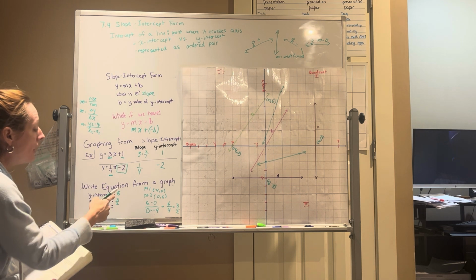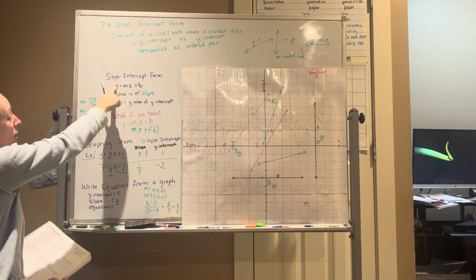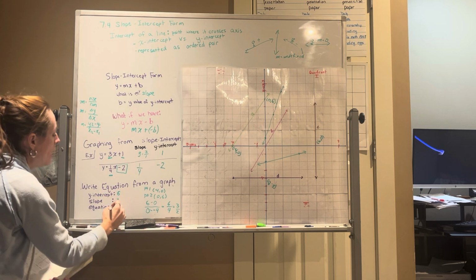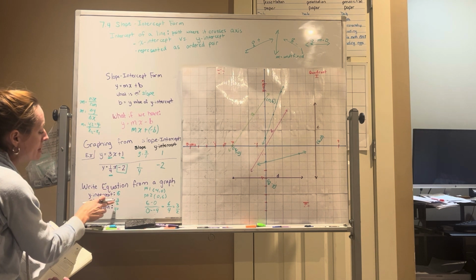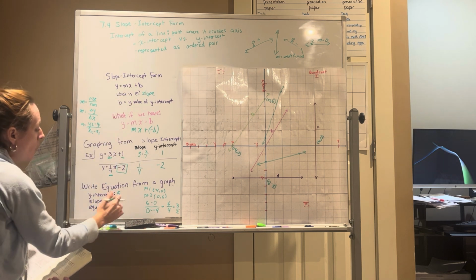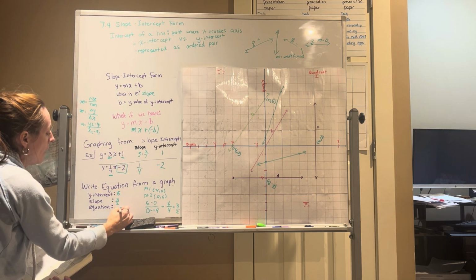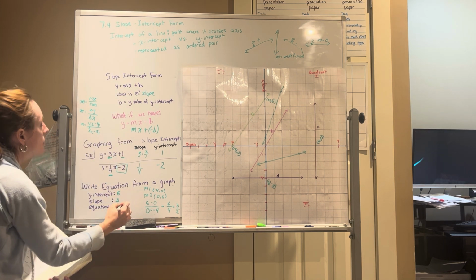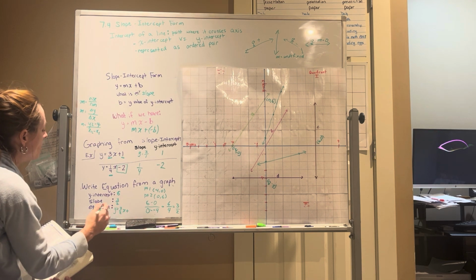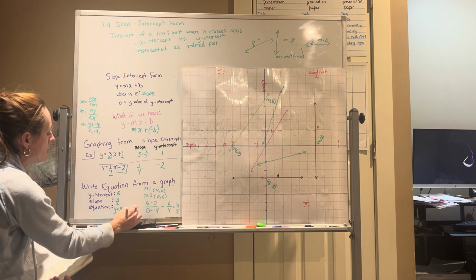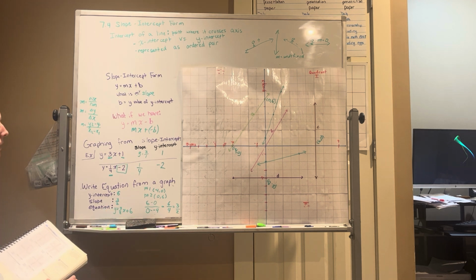So now we can plug all of this into our equation, y equals mx plus b. We'd say y equals our slope, the m is slope, 3/2 x plus b, 6. And then we get our equation.